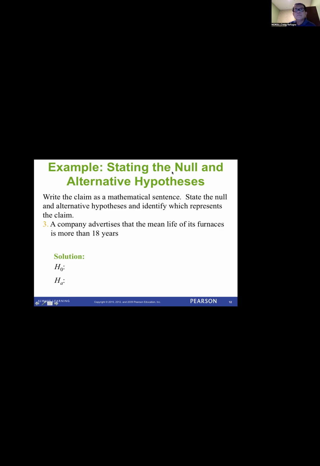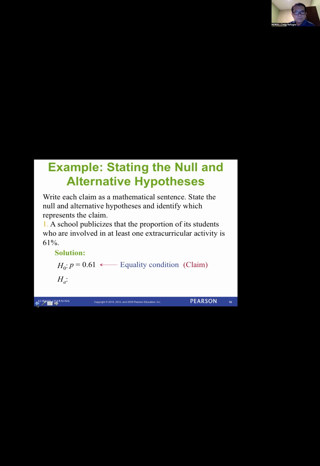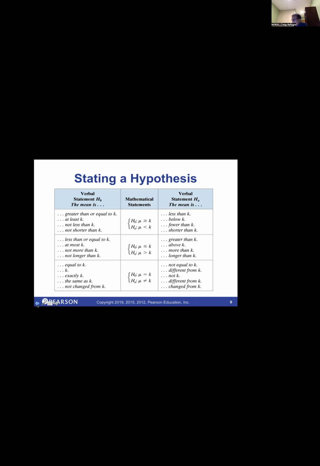Sir, pwede na ako makita itong slide, sir, of mathematical sentence, sir? That one. Okay, sir. Thank you, sir. You're welcome.